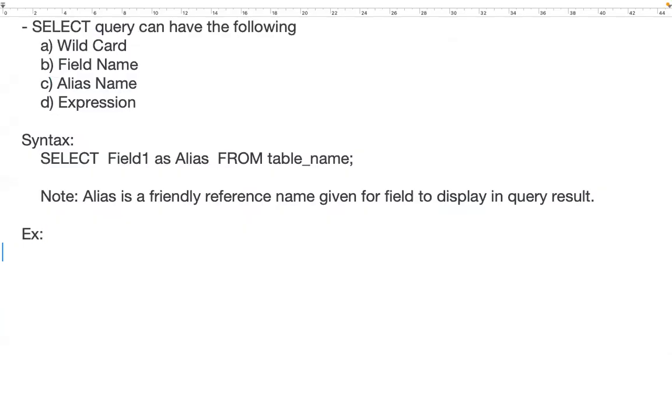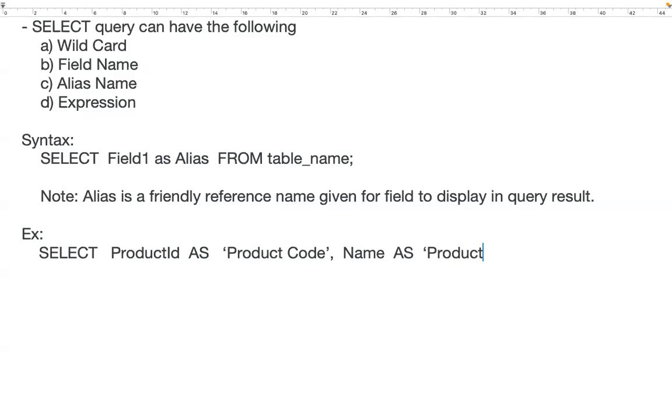Example, select product ID as product code and name as product name from TBL products.